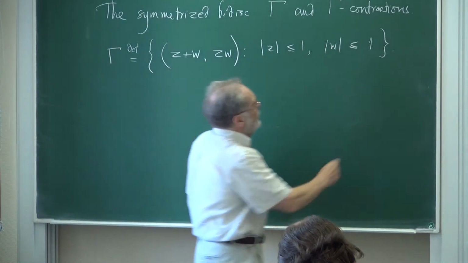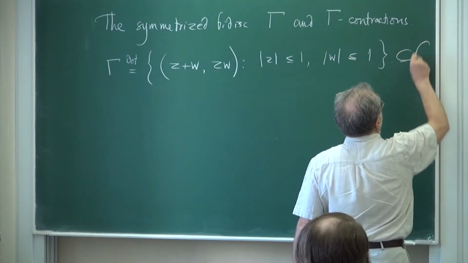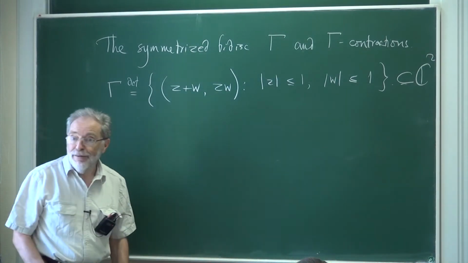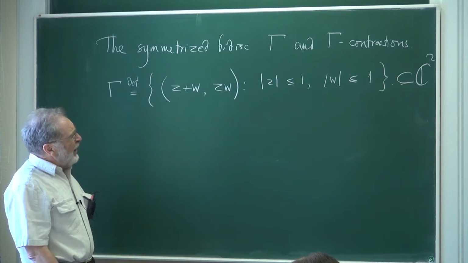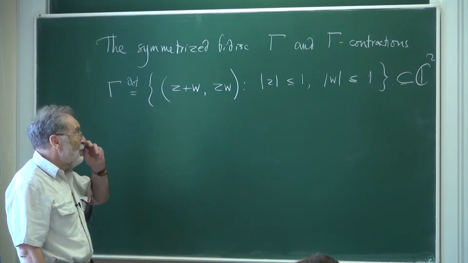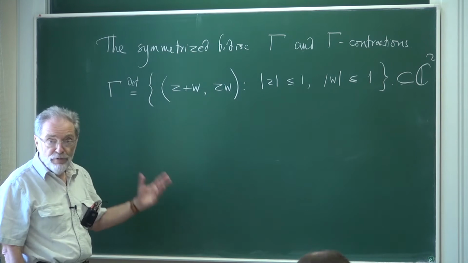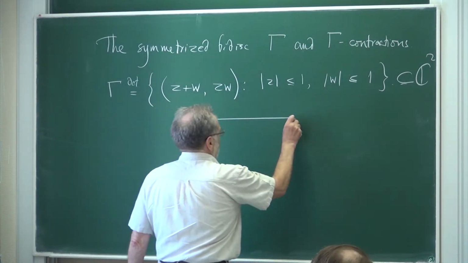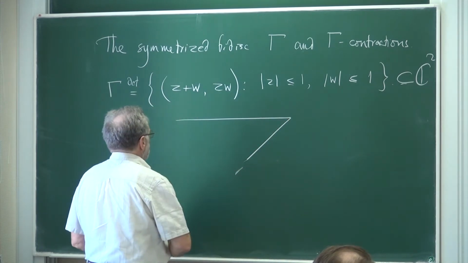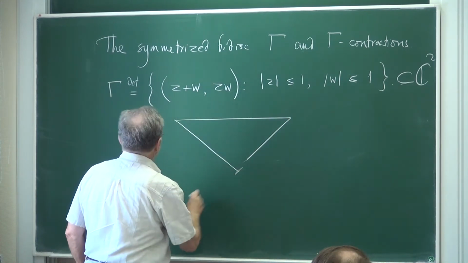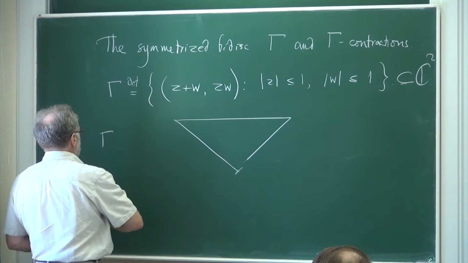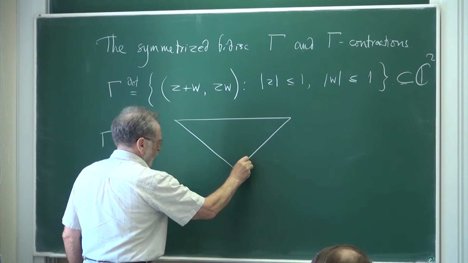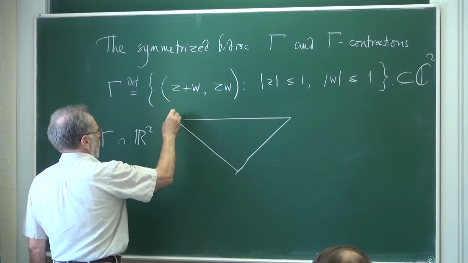So that's a subset of C2, of course. And it's nice to have a mental picture of any set one's interested in. Of course, there are 4 real dimensions in C2, and so you can't draw it on a 2-dimensional blackboard, but you can draw gamma intersection R2, and that is a triangle.